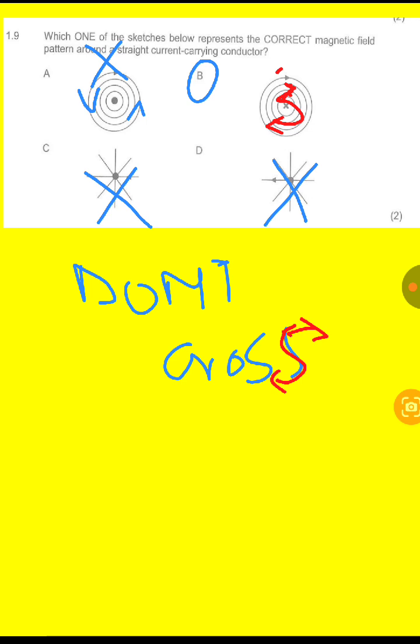So on the top, the arrow should be going exactly the way it's indicated. At the bottom, it should go this way. So yes, indeed, this one is correct, because it corresponds with what we just did. Okay, so correct option is B.